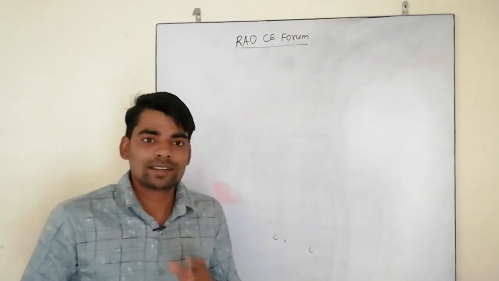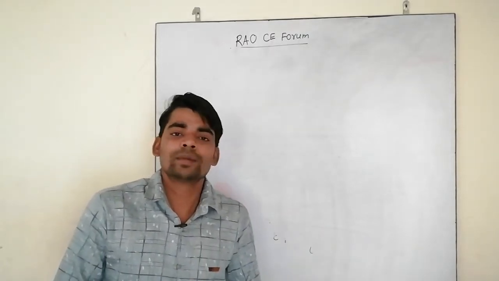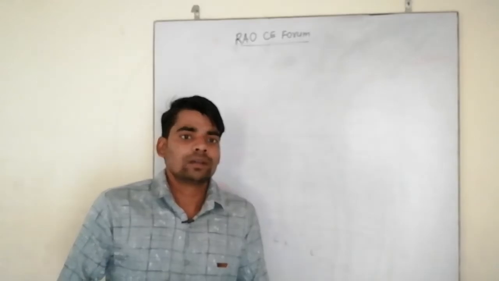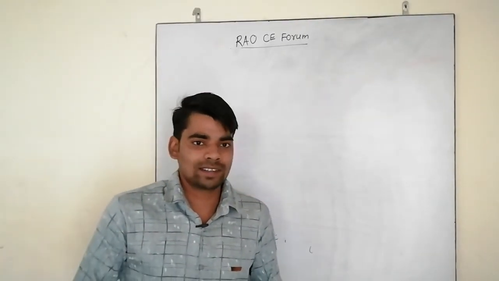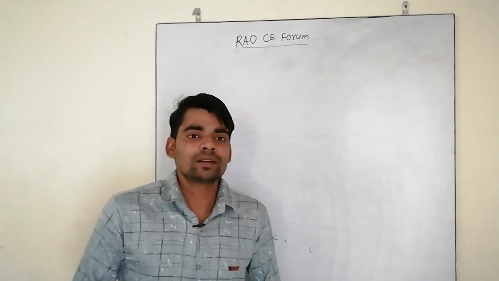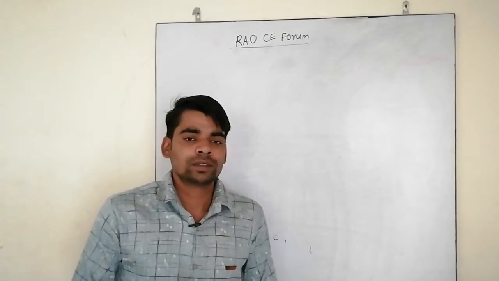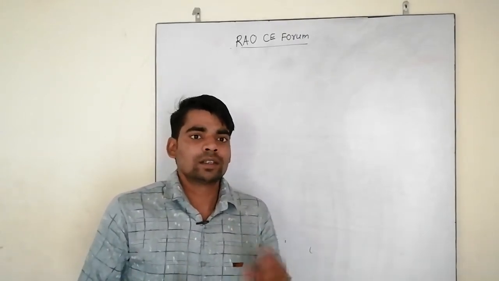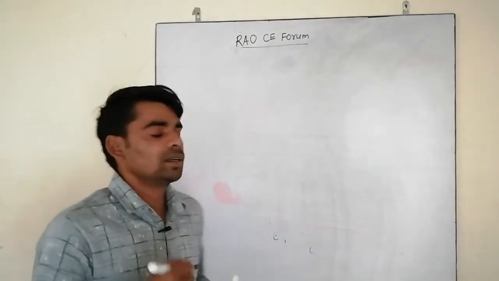Today we will start the important concept of strength of material. Friends, as you know, before starting a project or before constructing a building or structure, firstly we have to know about the behavior of material. Friends, two concepts are important in strength of material.